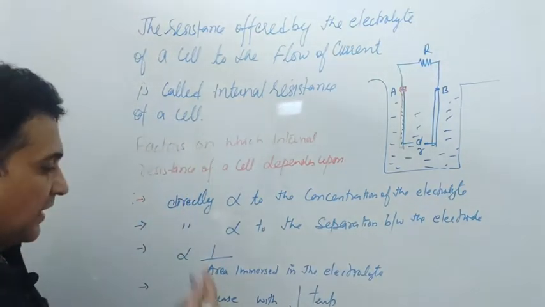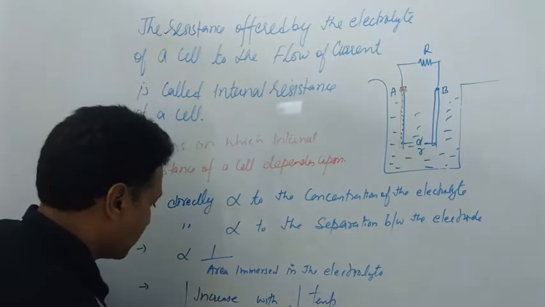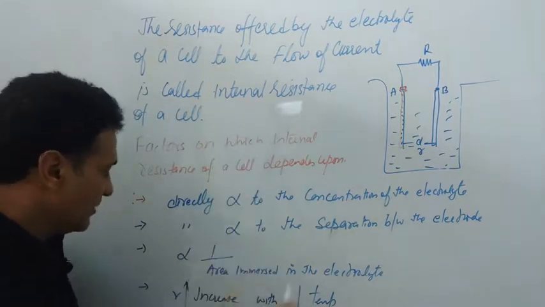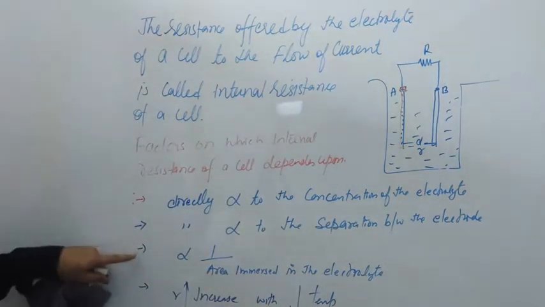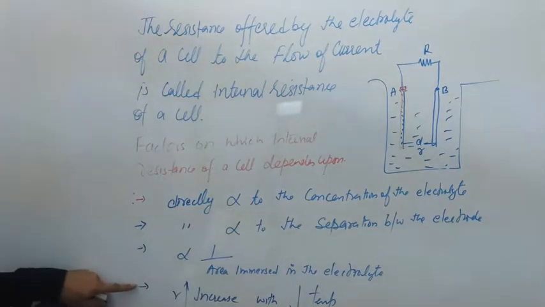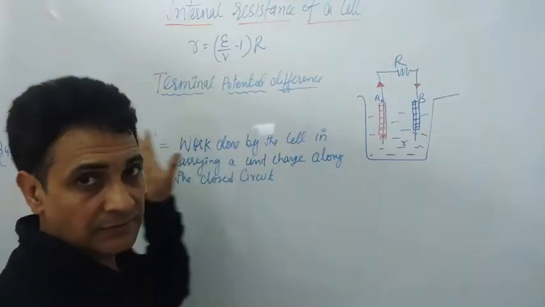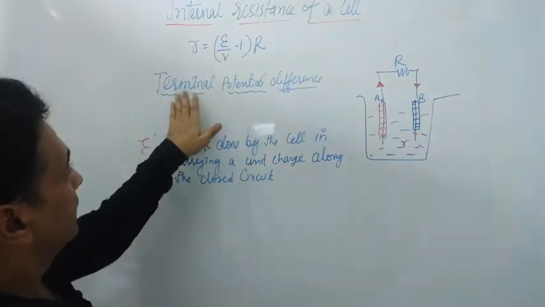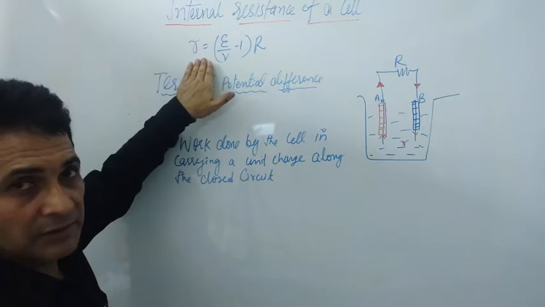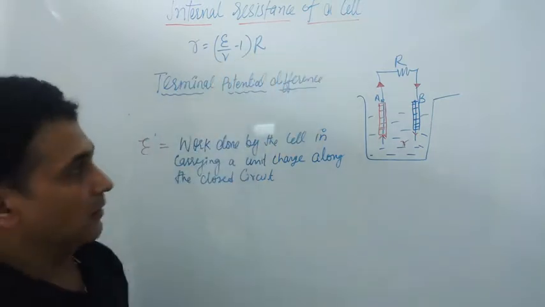Internal resistance increases with decrease in temperature. So there are 5 factors, 1, 2, 3, 4, and fifth one we can also write. We will find its relation, that is this value of r, that is (E/V minus 1) into capital R.